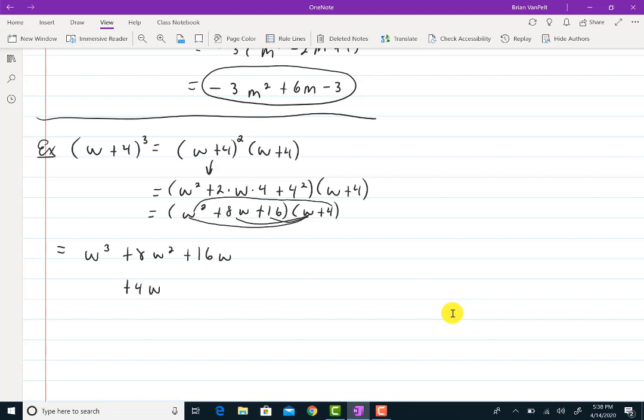I'll tuck it underneath the other w squared. Then I have 4 times 8w. And then you'll do 4 times 16. And then when I add them all together, I get w cubed plus 12w squared plus 48w plus 64.